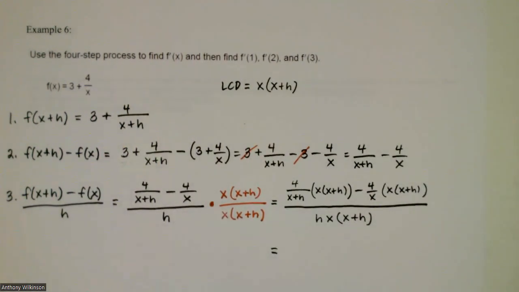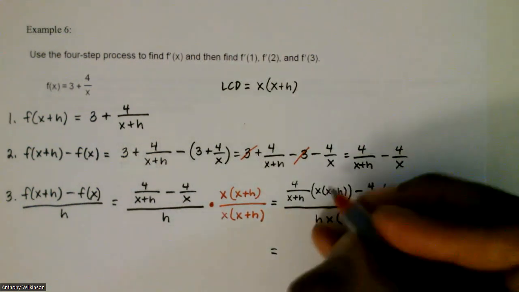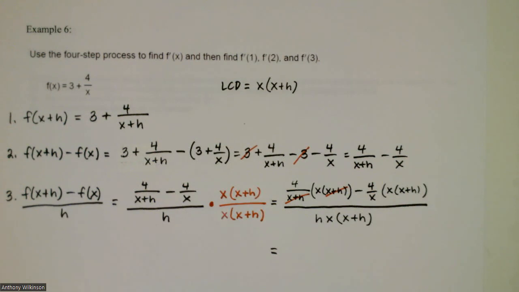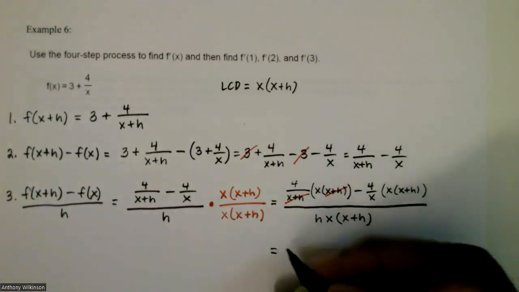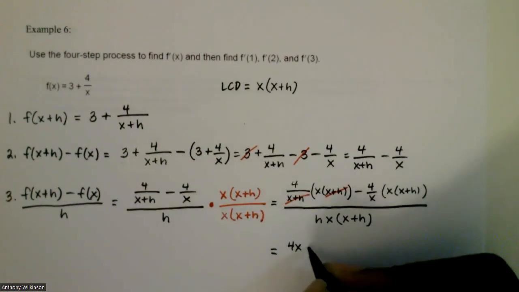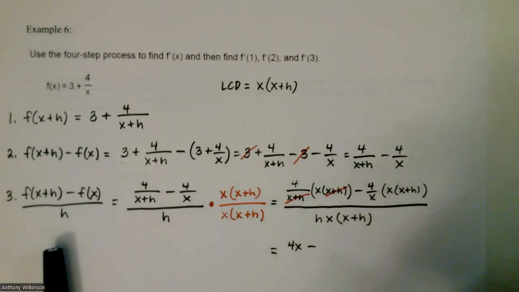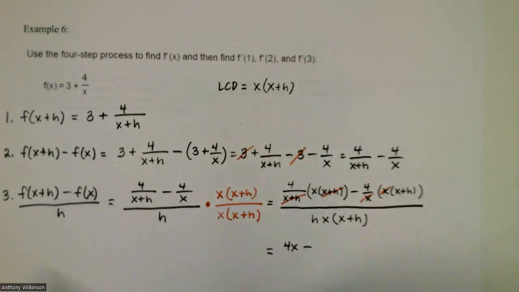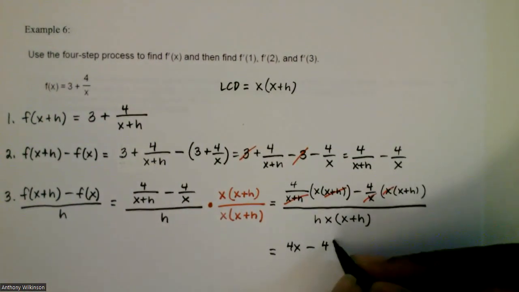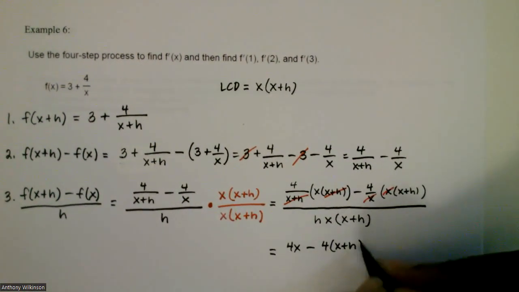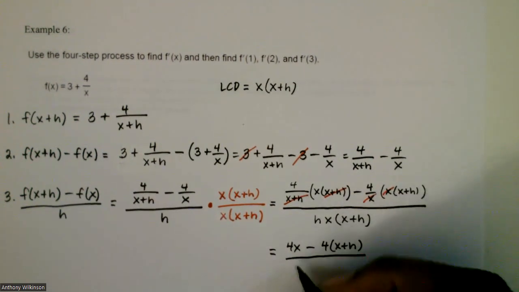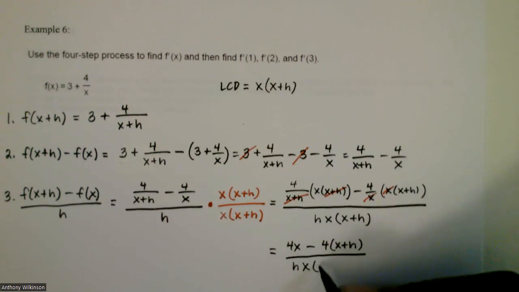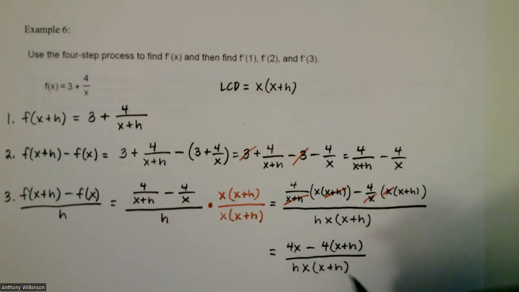Now, watch what happens here. For this first term, the x plus h's are gone. That's simplified as just 4x minus. For this, these x's are gone. I will have 4 times the quantity x plus h. All that's divided by h times x times x plus h.